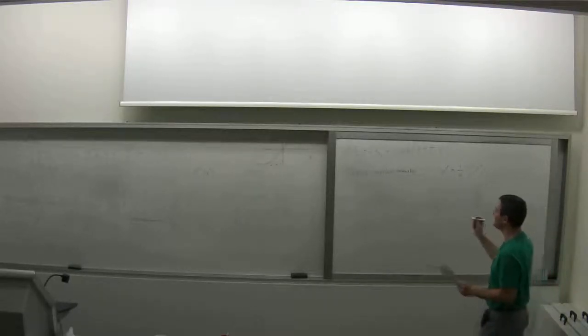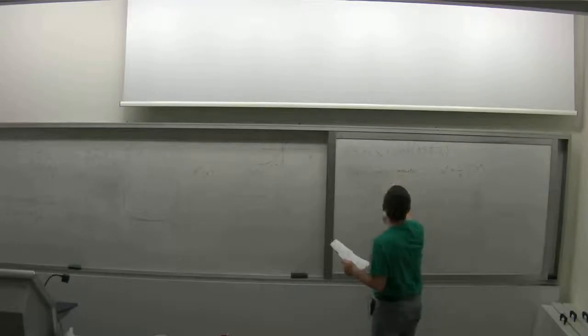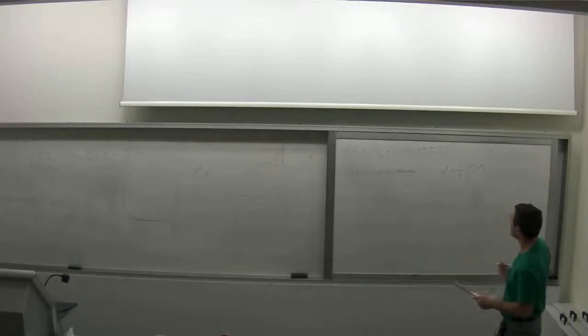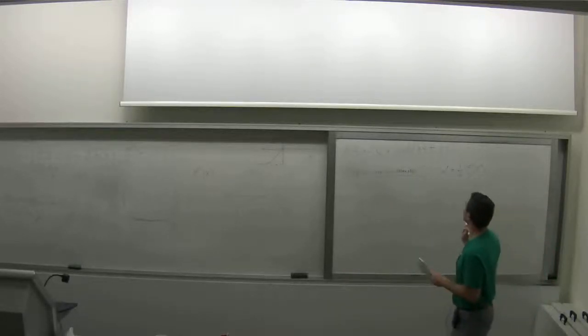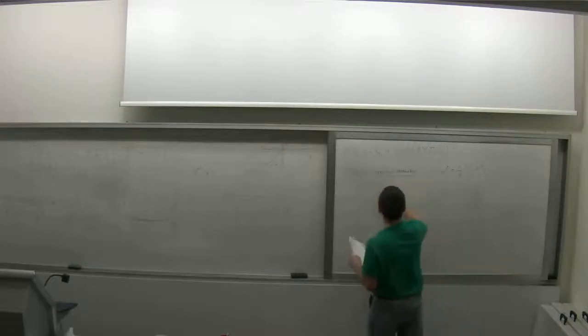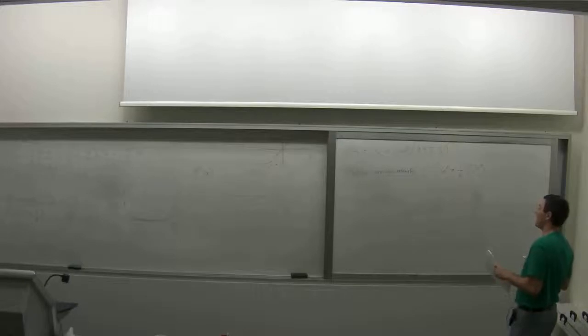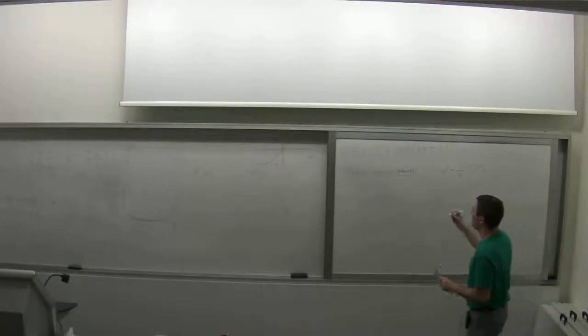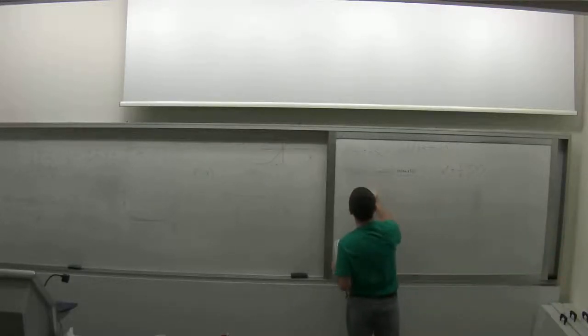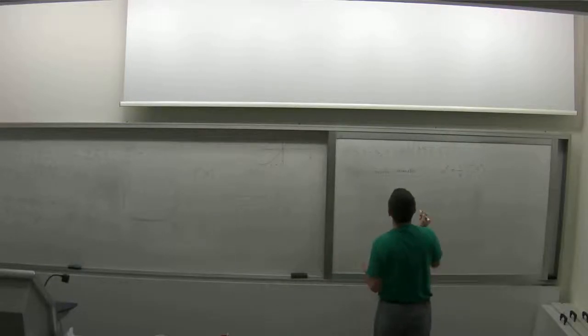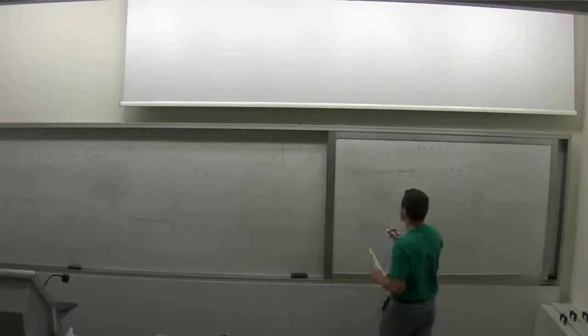To gain insight, let's see why this overlap parameter is useful. Just consider this term, sum over j of J_ij S_j.